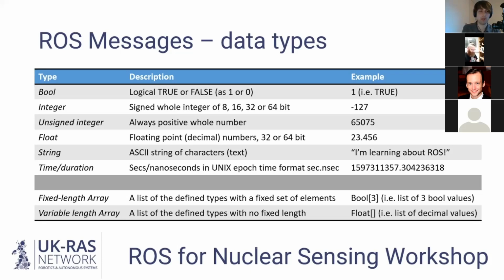So time is defined as basically the number of seconds, and then you can have the decimal, and that gives you the number of nanoseconds. So if you're dealing with dates like absolute time, then it's the so-called epoch time. So it's something like the number of seconds which have passed since the 1st of January 1970.